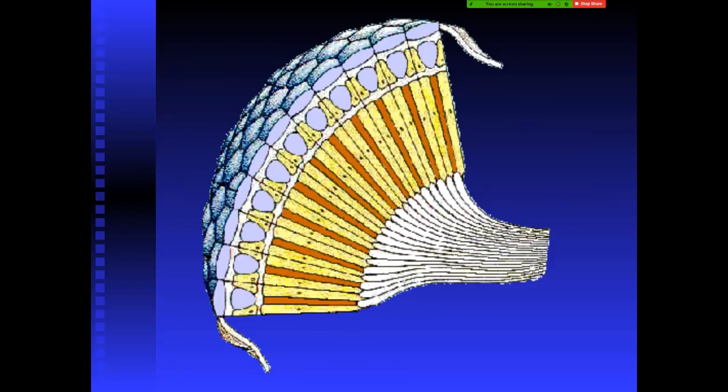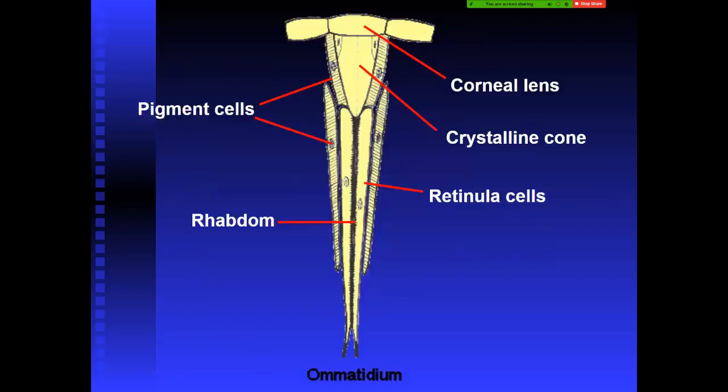So here is the ommatidia zoomed in and with labeling. You can see the corneal lens on the outside. And then you're going to see the pigment cells right underneath it.